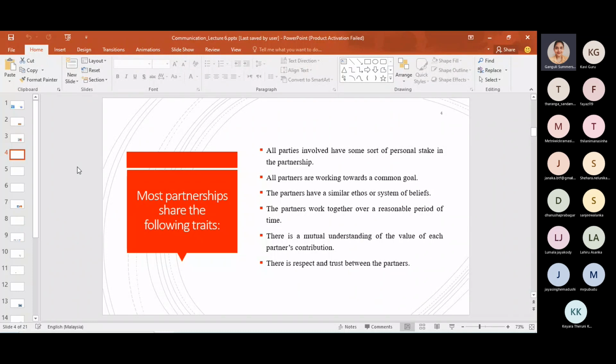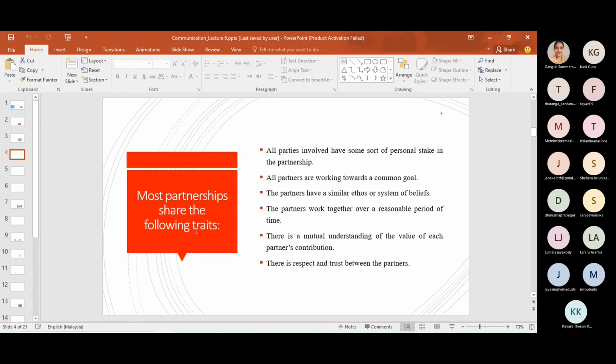Okay, so I told you that in partnership working, these partner organizations share certain things. I just mentioned that in partnership working, the organizations share certain things, right? So these are the traits, and traits means characteristics.